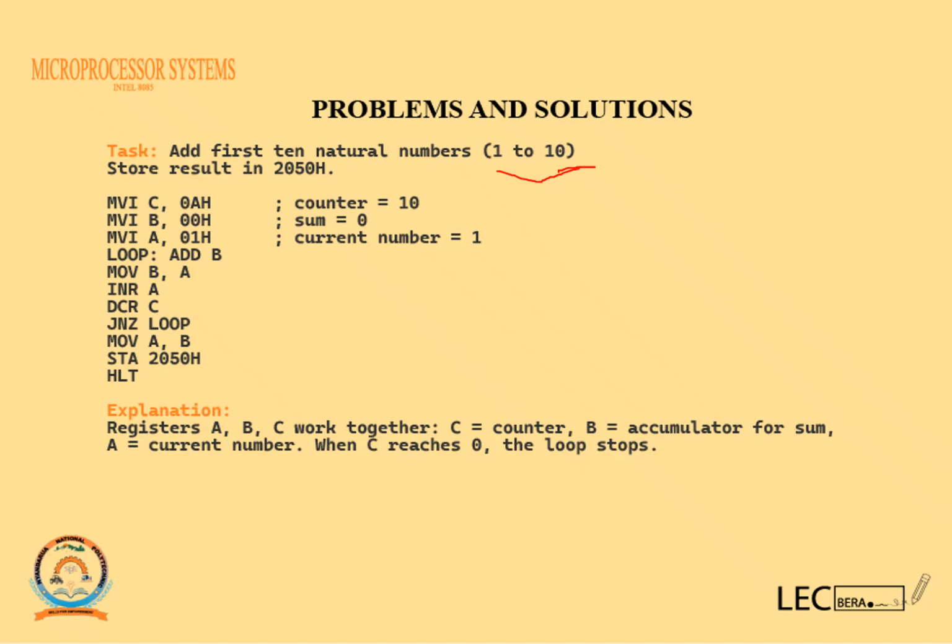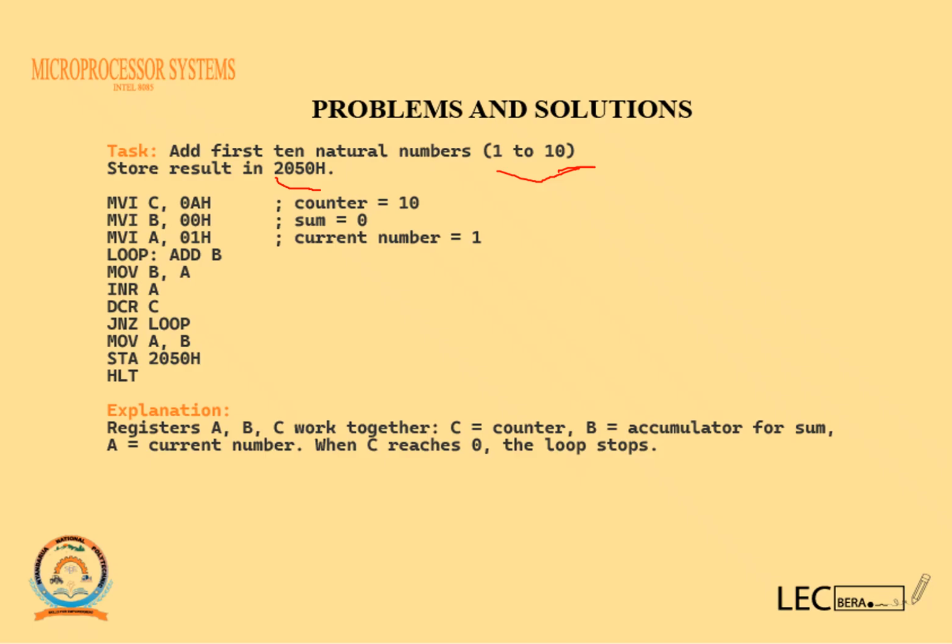Now what are you supposed to do? Remember again here, the instruction is telling you that the task you are supposed to complete is storing the results to memory location 2050H. Now, how can you approach this? A good approach is for you to have a way of counting.